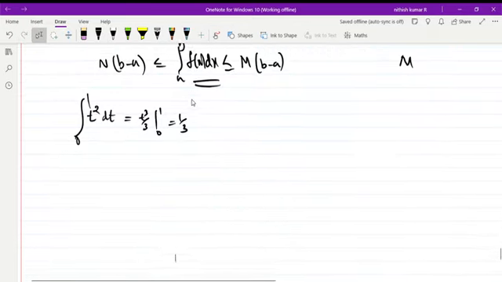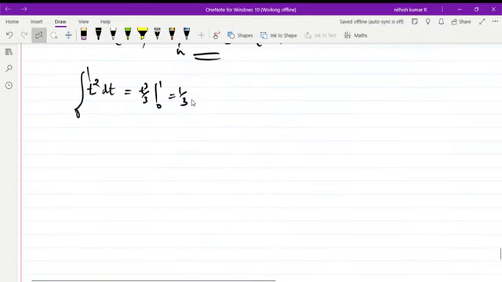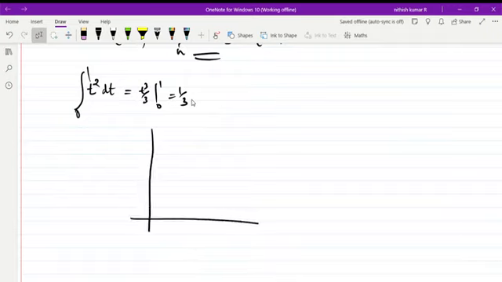How to evaluate this integration? Let's consider this: say this is x is equal to 0, this is x is equal to 1. Okay, it's not like a straight line, it's a little bit curved.